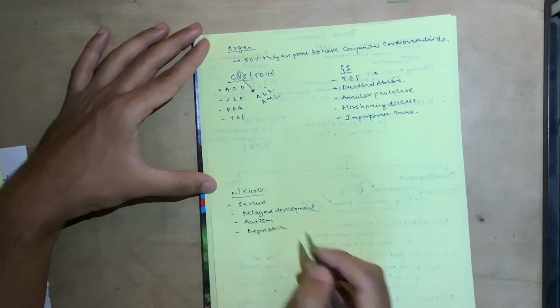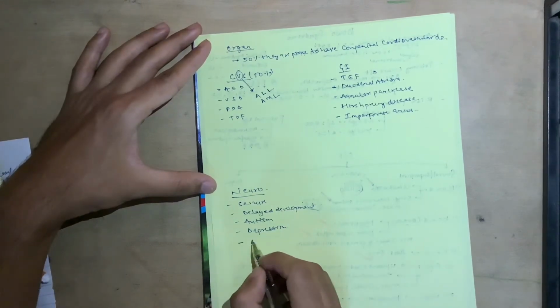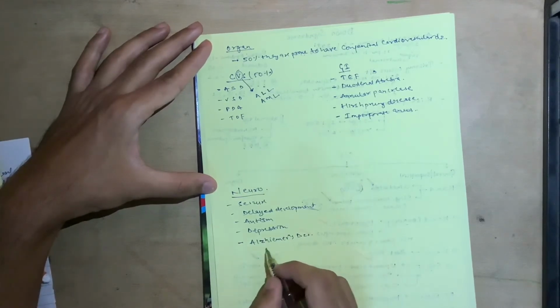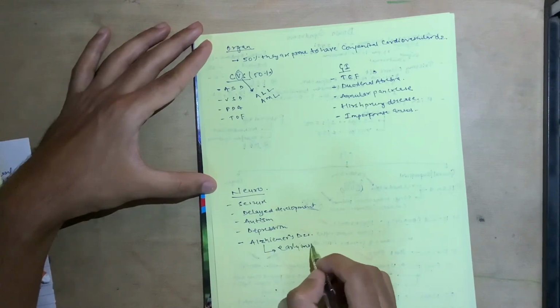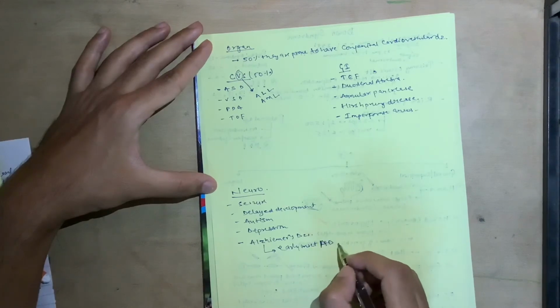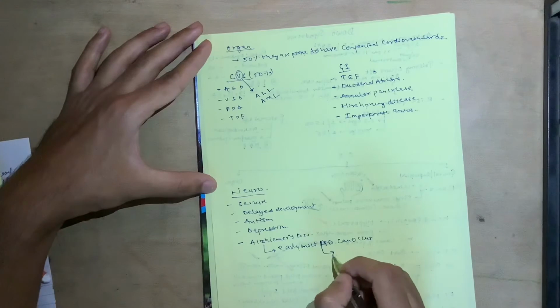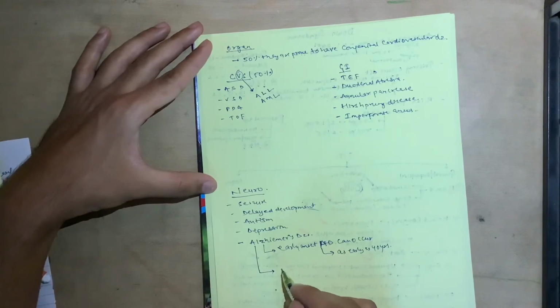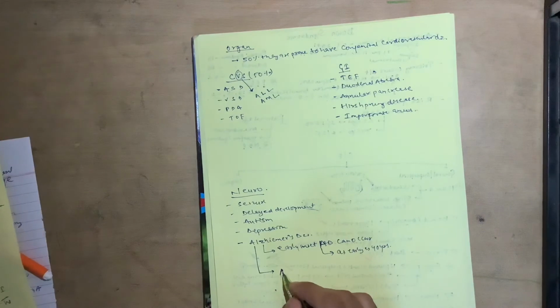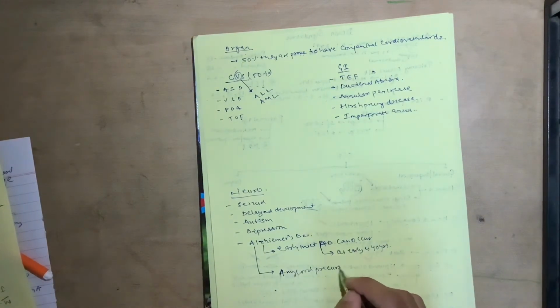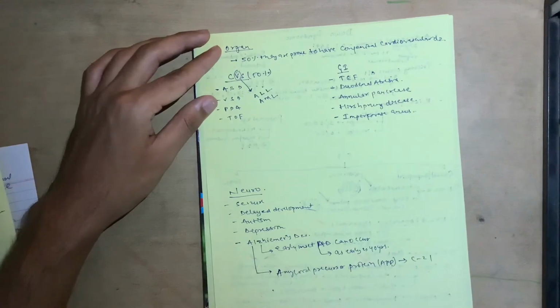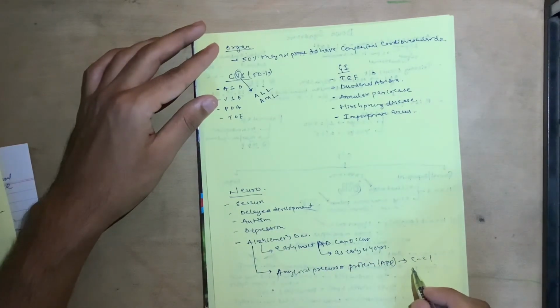Depression may occur in such a child later in age, and early onset Alzheimer disease can occur as early as 40 years, because the gene for the amyloid precursor protein, APP, is present on chromosome number 21, and in Down syndrome, as there is an extra chromosome 21, it is overexpressed.